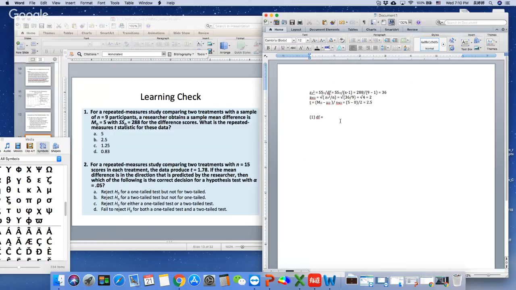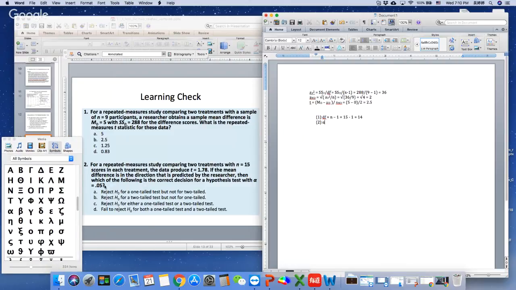The df equals n minus 1, which is 15 minus 1, which is 14. And the second factor is the alpha value, which here equals 0.05.